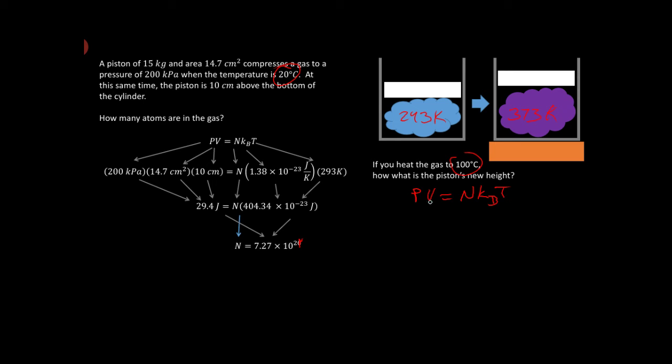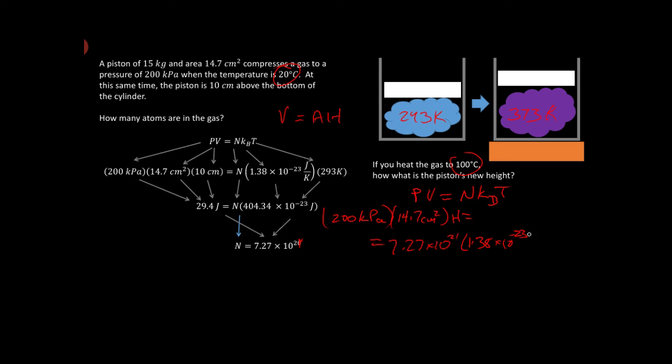So we don't know the new height. So the V is going to equal the area times the height. So we'll now have 200 kilopascals times 14.7 centimeters squared times the height is equal to 7.27 times 10 to the 21st times 1.38 times 10 to the minus 23.